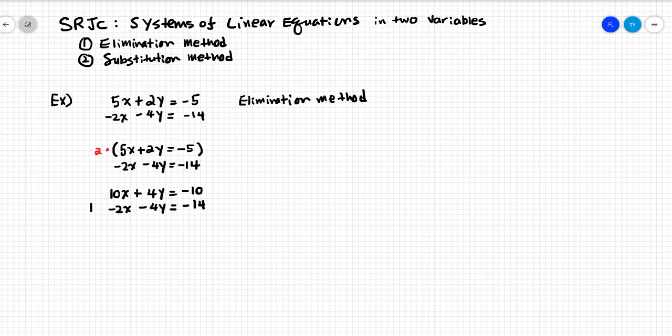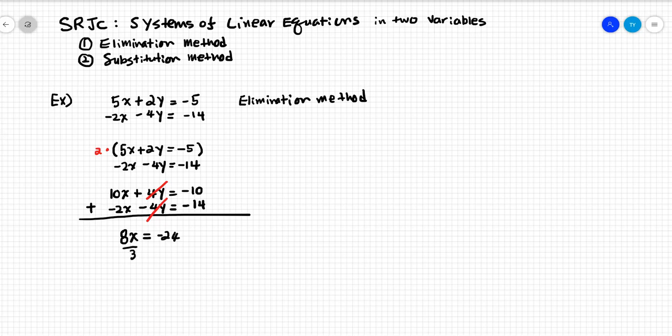Now we're going to add these two. 4y minus 4y cancels out, and 10x minus 2x, I get 8x. So I no longer have a y here. And then minus 10 minus 14, I get minus 24.